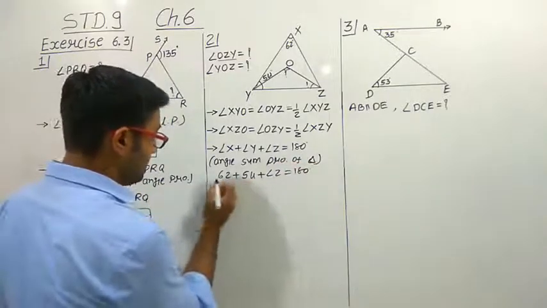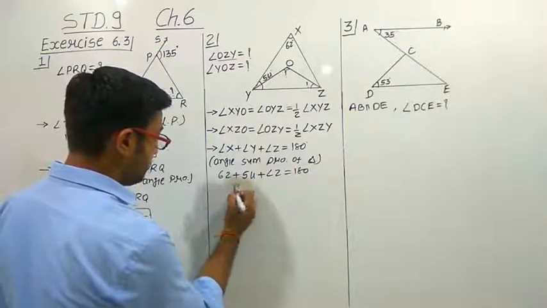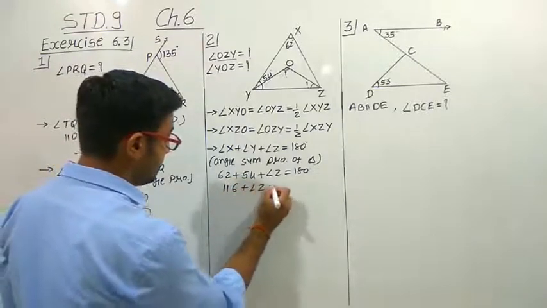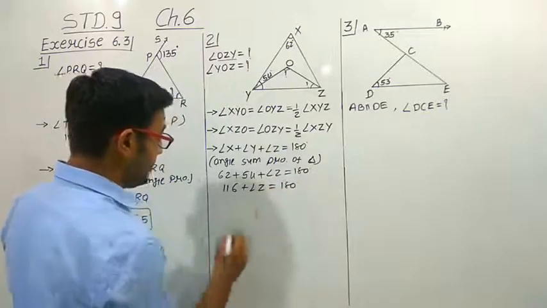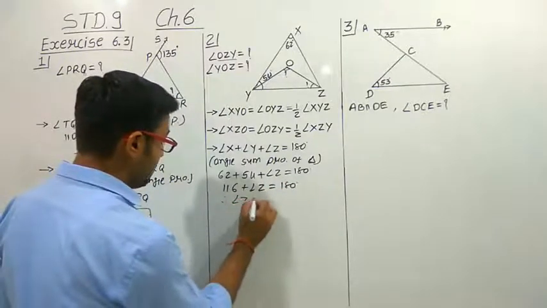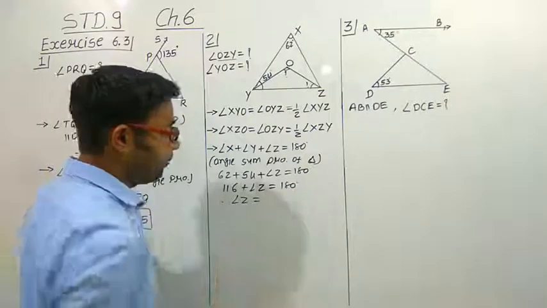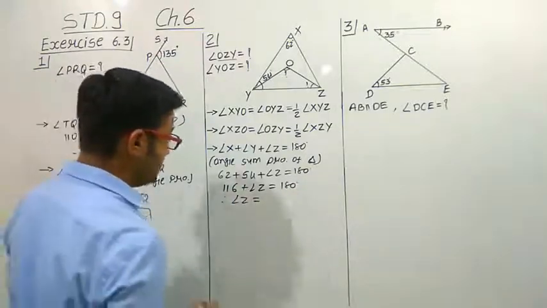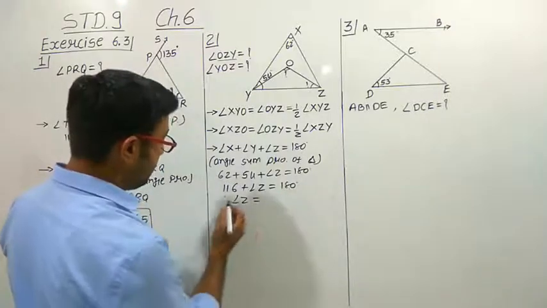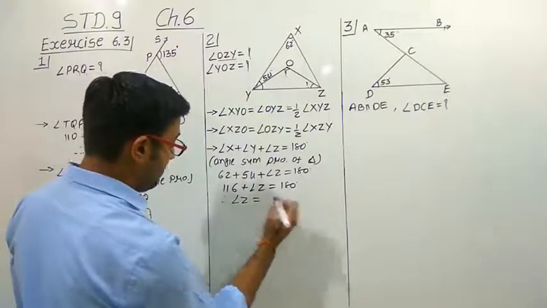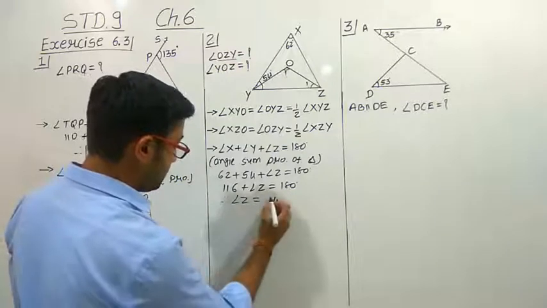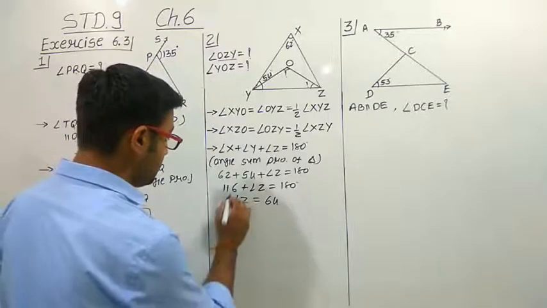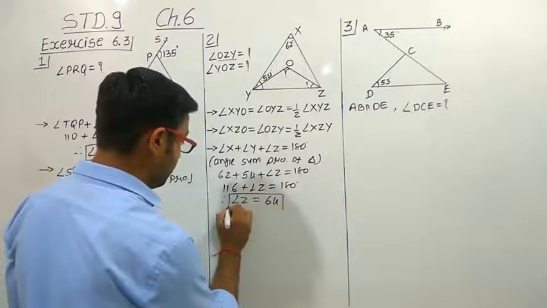The total of these is 4 plus 2 is 6, 6 plus 5 is 11, so 116 plus angle Z is equal to 180 degrees. Therefore angle Z is equal to 180 minus 116, which is 64. We get the value 64.